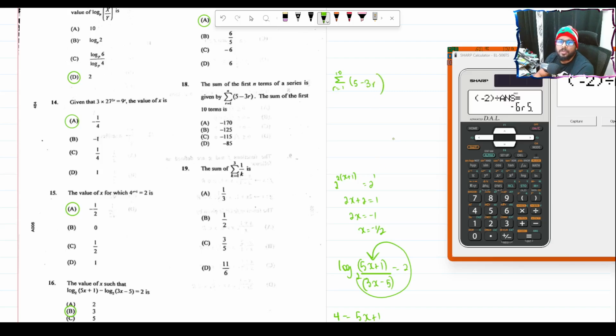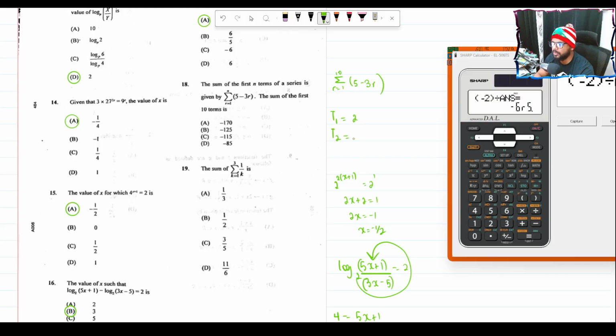Now we can do this the long way, or we can do this the short way using probably an AP or a GP. We could go and plug in r is 1, r is 2, r is 3, 4, 5, 6, 7, 8, 9, 10, and then go ahead and add up all those numbers. Or let's get the first term when r is 1. When r is 1, I'm going to get t1, which is term 1, which is 5 minus 3, which is 2.